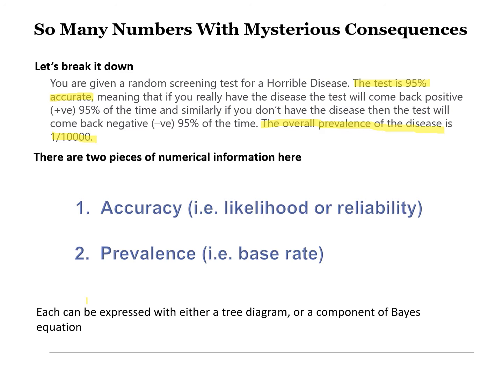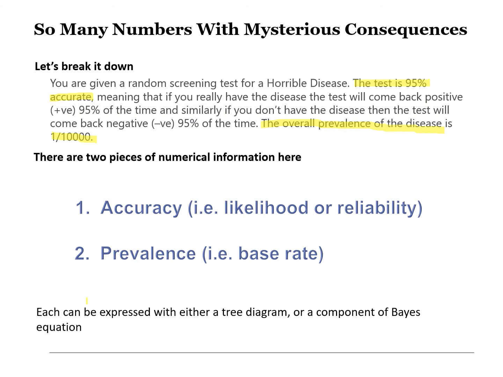So the next step, now we've got these two bits of information, is to use them to answer the question, or even before we do that, to help us understand the situation a bit better. So we can think about how we can use this information to understand the situation.